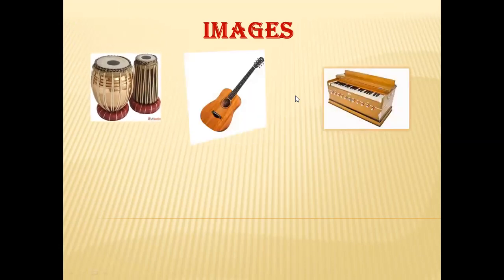We see how images can be used in the lesson introduction part. In grade 8 science subject, unit 5 is sources of sound. There are three sources of sounds: vibrating membranes, vibrating air columns, and vibrating strings or bars.